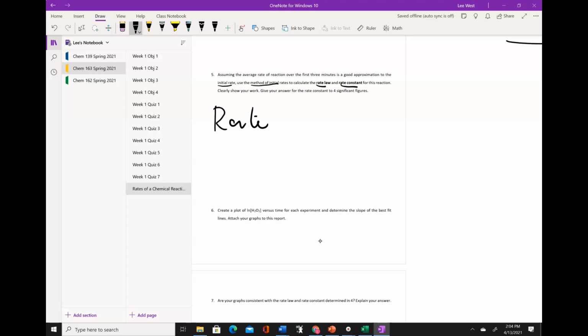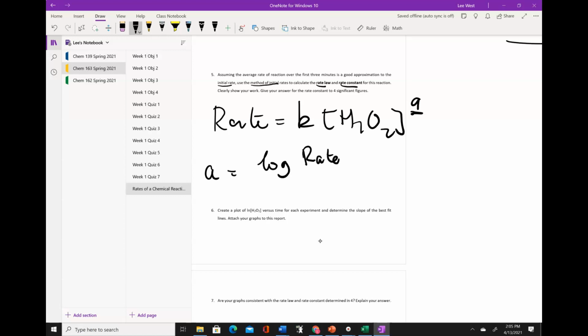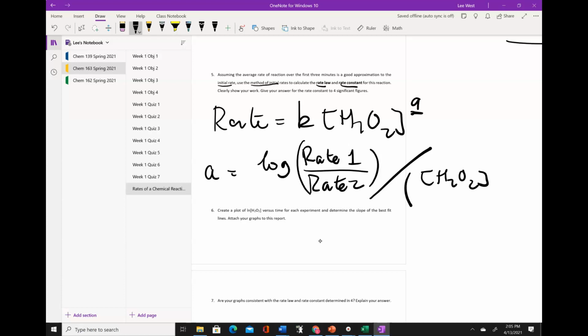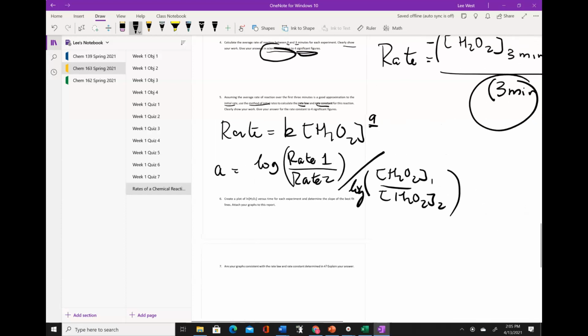So the rate law is going to be of the form H2O2 raised to some power A. And how we're going to get A is we're going to do log of the rate in experiment 1, and that was the one with the higher concentration, wasn't it, over the rate in experiment 2, divided by the log of the concentration of H2O2 in experiment 1 over the concentration of H2O2 in experiment 2.